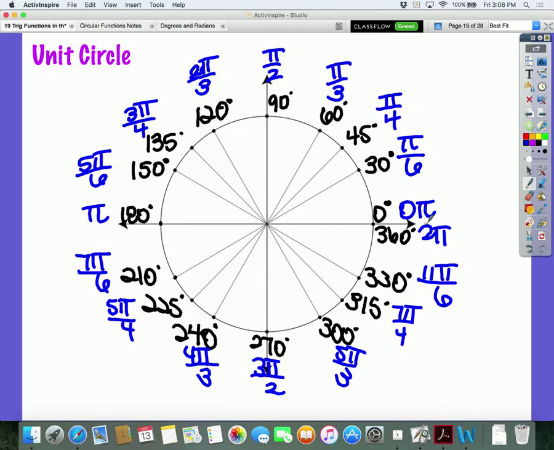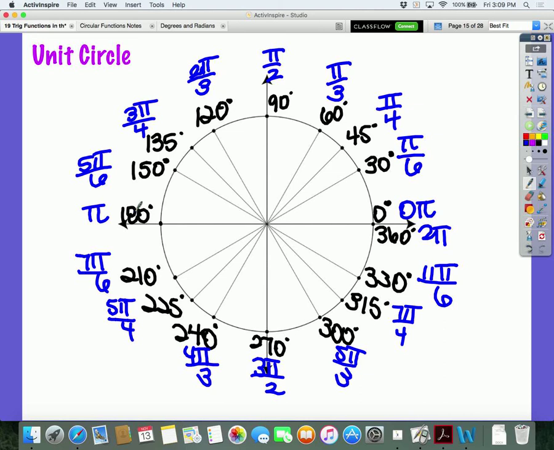Okay, the ones that are by 30s just go by 1/6. 0 over 6, 1 over 6, 2 over 6. What does 2 over 6 reduce down to be? 1/3. Just add a pi to it. What's 3 over 6? 1/2. 4 over 6, what's that? 5 over 6. 6 over 6 is 1.